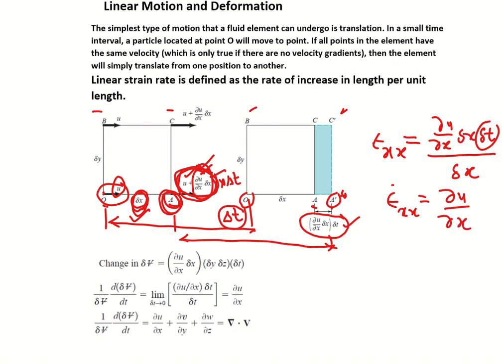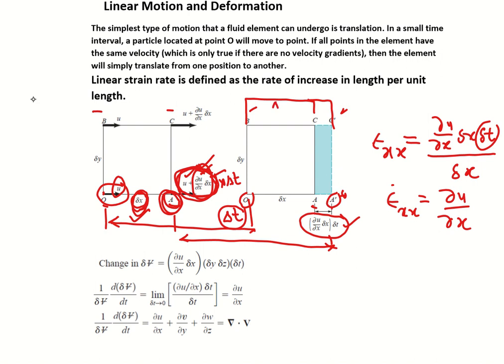Similarly, if we have the v component, because of the v, this point OB will travel to this position.